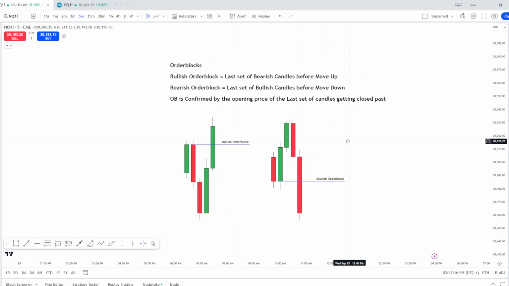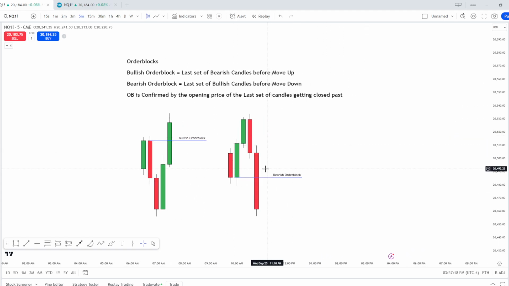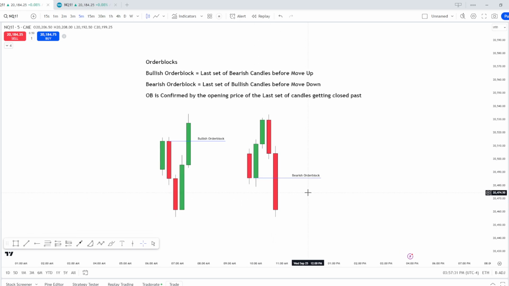Same way on the bearish side, this is the opening price of the last move up. Once this opening price gets closed underneath with a lower price, that forms a bearish order block. This is just another one of those confluences that we can use within our trades, or to look for a trade, to form a trade idea.